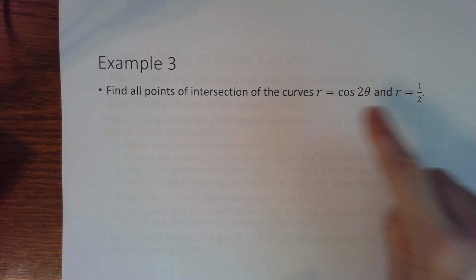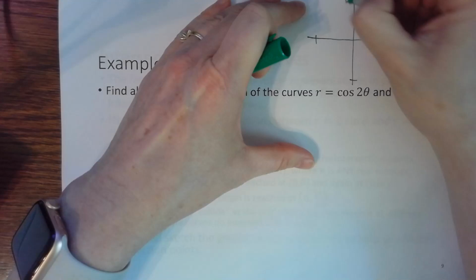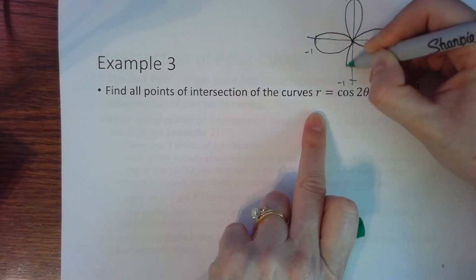Let me draw. Let's say this is 1. We're going to get 4 petals, and they're going to be symmetric about the polar axis, so we'll have something that looks like this.